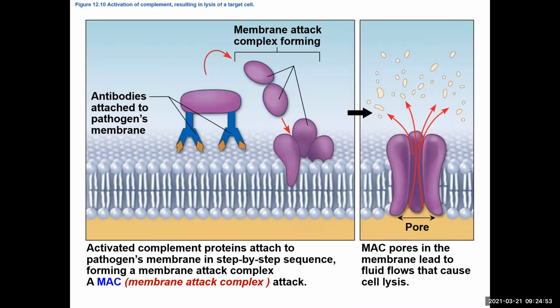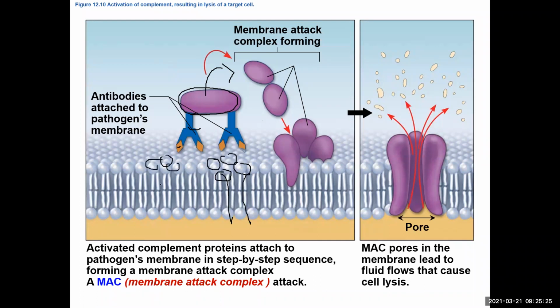Once you have an antigen and antibody complex, it is identified by the complement proteins, which are plasma proteins. As they identify this antigen antibody complex, they start becoming activated. As they become activated, they assemble around the plasma membrane of the bacterial cell and form a channel over here, as you can see. Many channels will be formed everywhere on the plasma membrane.